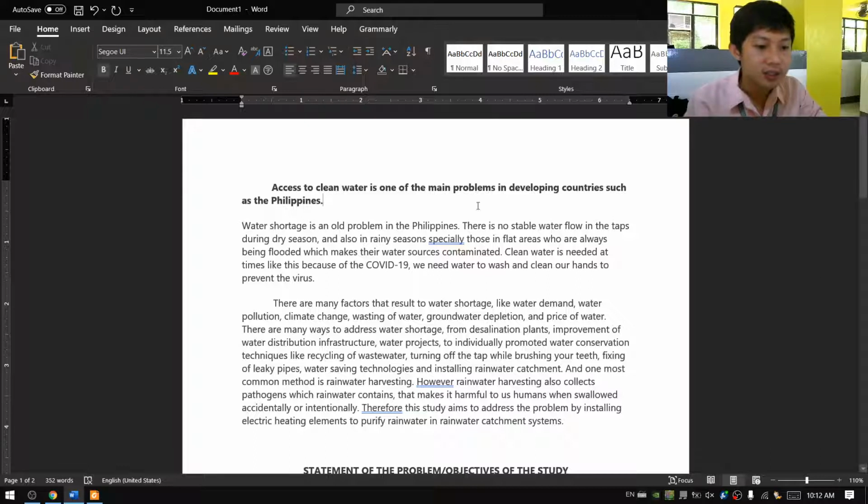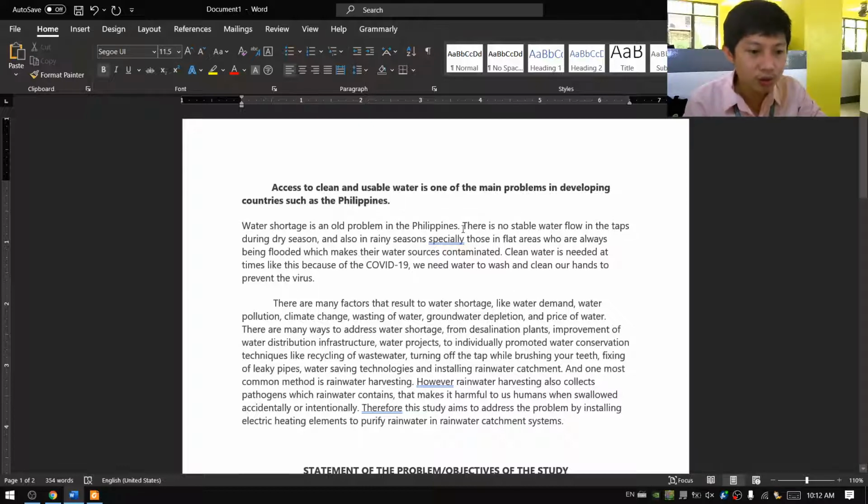Okay. So there is no stable water to flow the taps during. Okay, so you're not talking about drinkable water, but you can say access to clean water or usable water. So clean and usable water is one of the main problems in developing countries such as the Philippines. So that's the first sentence.